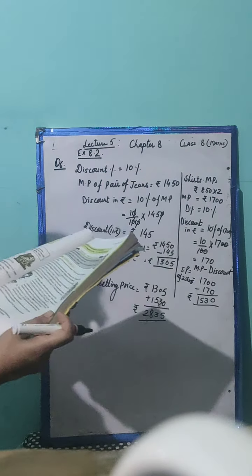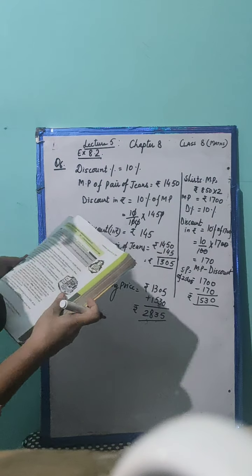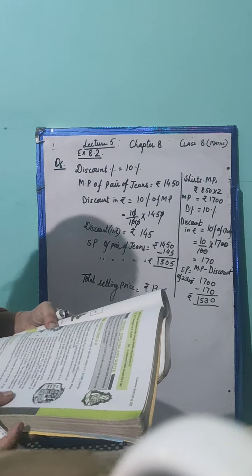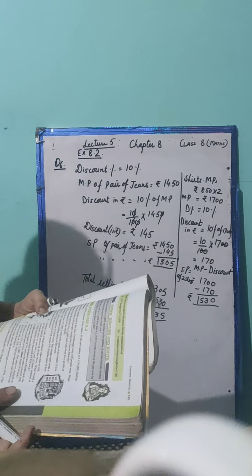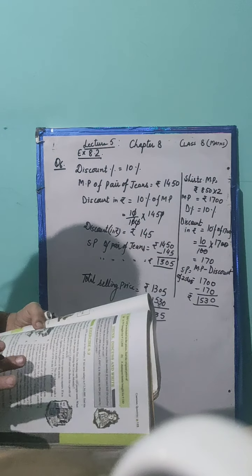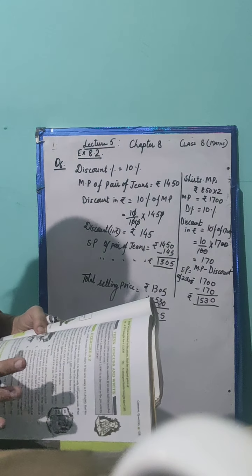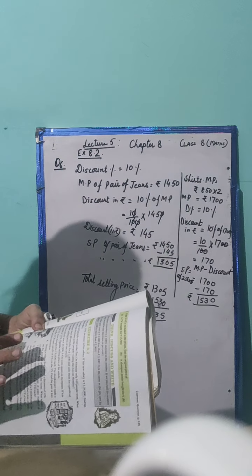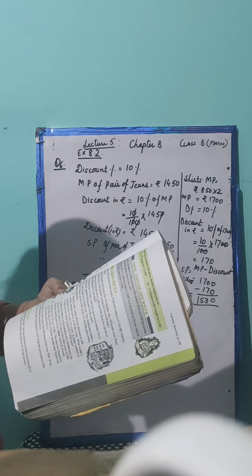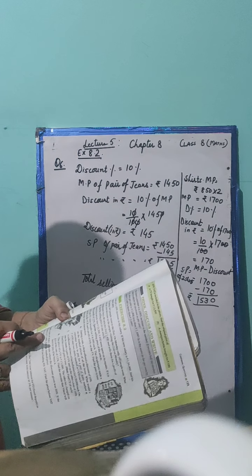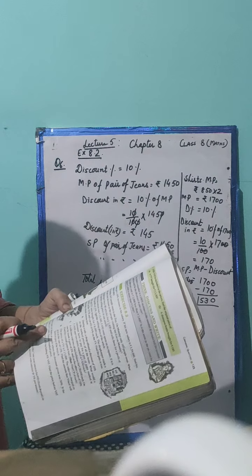Let the marked price be rupees X. The discount percent is 20%, so we calculate 20% of X. That will be the discount in rupees. From the marked price, the discount in rupees will be subtracted. That will be the selling price. This selling price in terms of X will be equated to 1600 and we will get the value of X. That is the marked price.